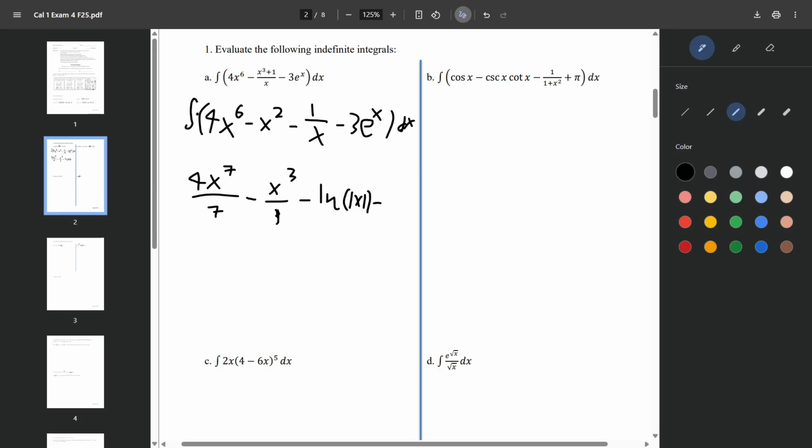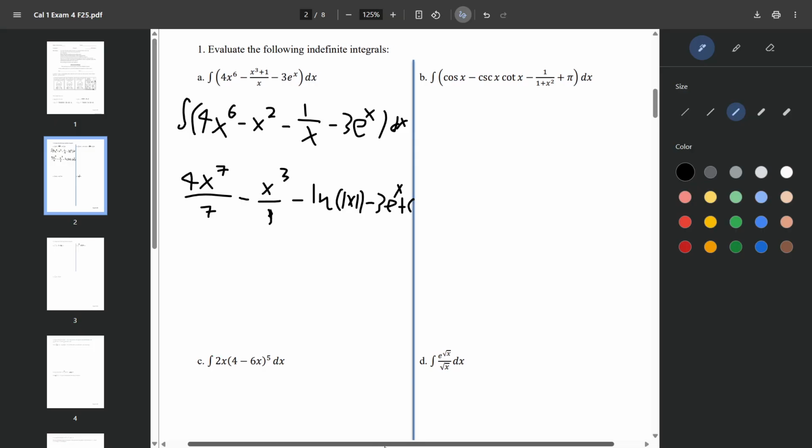So the integral will be negative 3 times the integral of e to the x, so our answer will be e to the x. And finally, we need to add our c, because when we take an integral, there might be some constant that went missing when we took the derivative, so we add plus c. And that is all for part A.